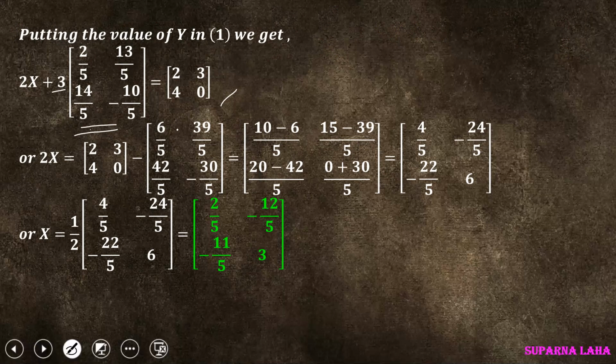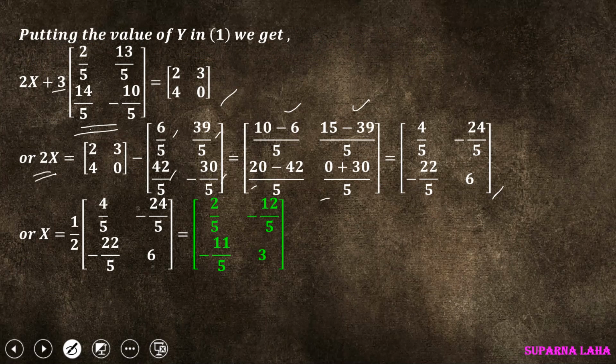You will find 6 upon 5, 39 upon 5, 42 upon 5, minus 30 upon 5, and then subtract it. So take the LCM and subtract it. I don't think I have to explain this subtraction or this LCM portion. So you will find this answer 4 upon 5, minus 24 upon 5, minus 22 upon 5 and 6.